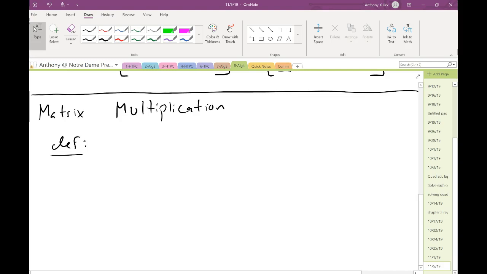Matrix multiplication is probably not what we'd expect. It's not too difficult, but it's not at all what you'd expect.